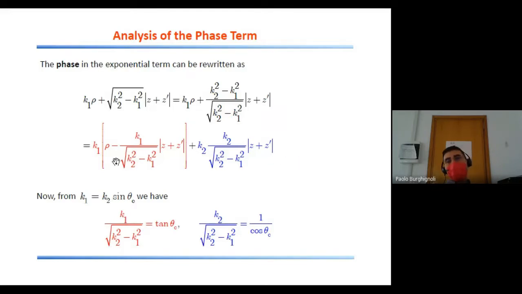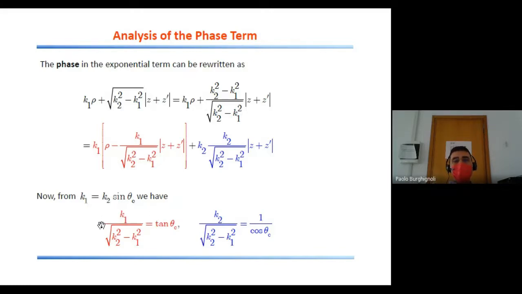The reason for this splitting is that now we can give a geometrical interpretation of these terms. In particular, if we recall the definition of the critical angle, which is related to the ratio of the wave numbers, k1 is given by k2 times the sine of the critical angle, theta c.